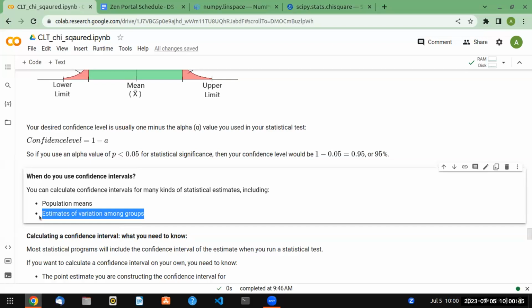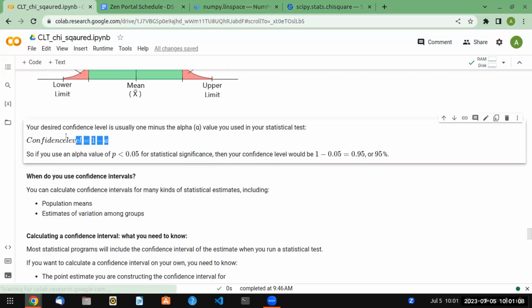So for population mean, standard deviation, for each of these statistical values, you can use a confidence interval to say something without saying this will be the mean. Instead of saying 5.3 is the mean, you will say the mean will be in the interval from 5 to 6 with 95 or 90% confidence.